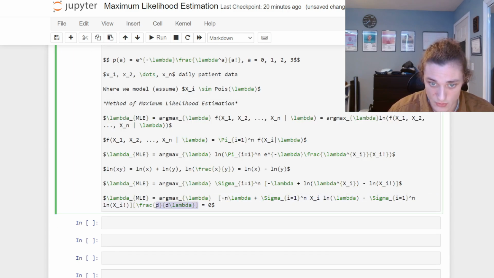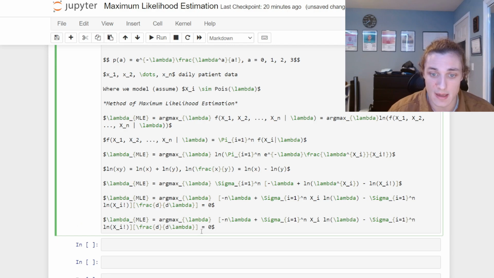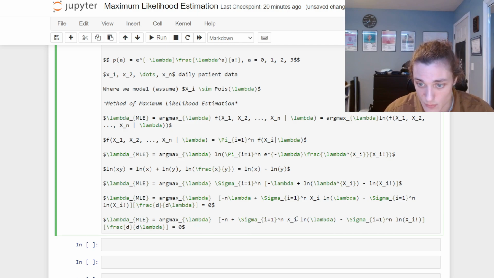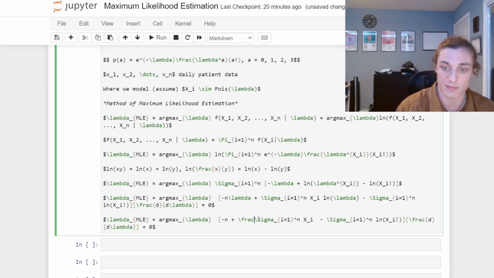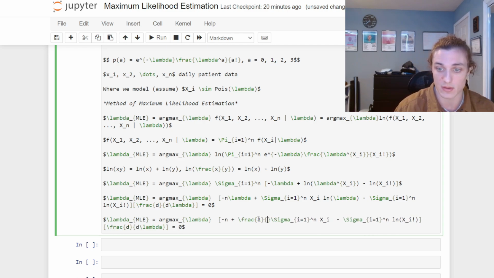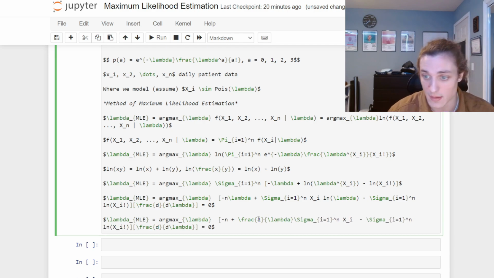So let's do this. I'm going to copy this here and bring it on down, and when we differentiate with respect to lambda, what happens, right? This lambda goes away, easy. This ln of lambda becomes 1 over lambda. I'm going to bring it outside the summation because it's just a product. It doesn't depend on anything.